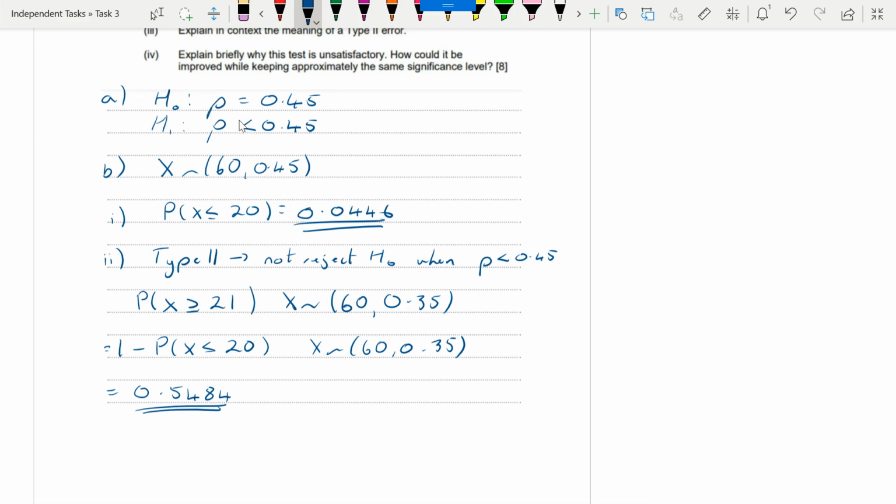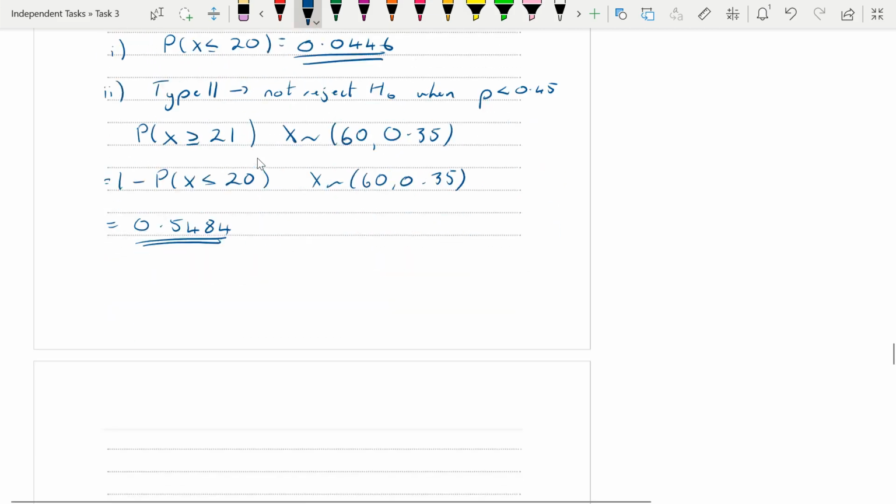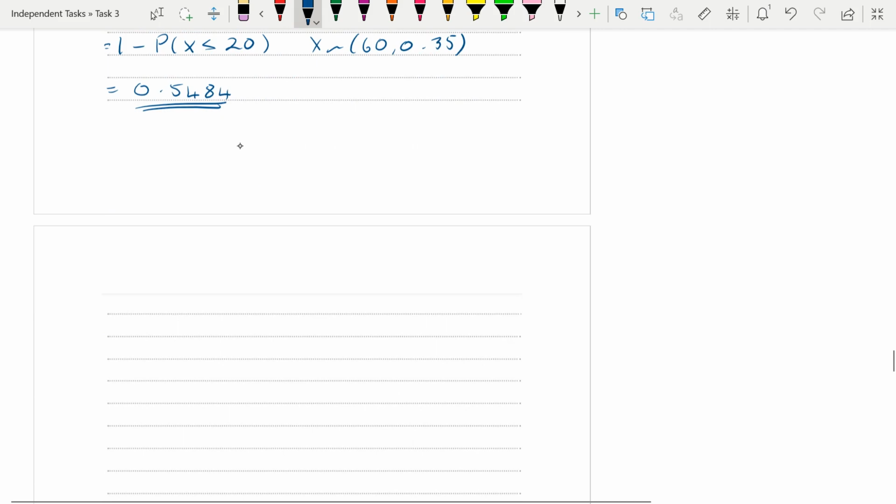Now, part 3 wants me to explain in context what this means. So for part 3, I've basically got to explain what a type 2 error is in this context.